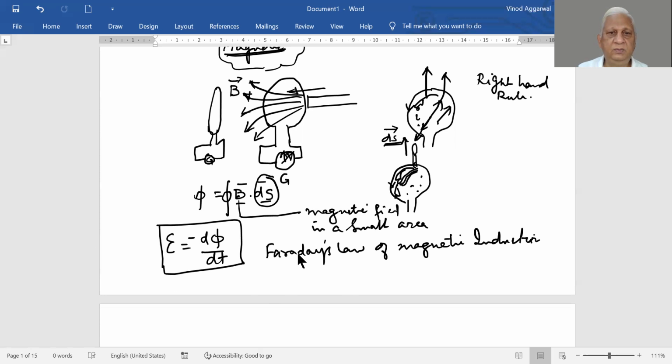This is principally Faraday's law of magnetic induction, which says that through a closed surface or a loop, if the magnetic flux changes, it gives rise to an EMF.